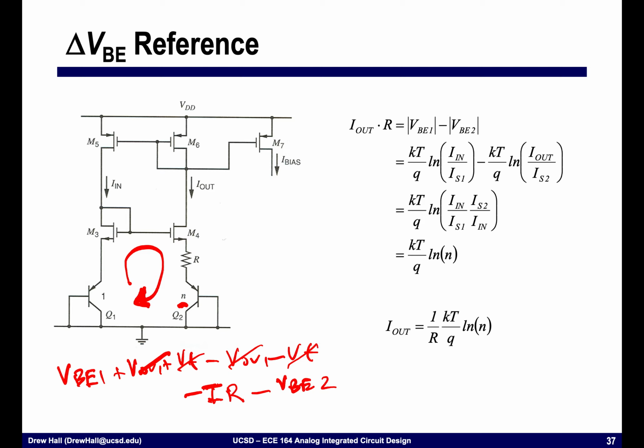That's where we get this expression right here, that I out times R is equal to VBE1 minus VBE2, hence the name delta VBE reference.